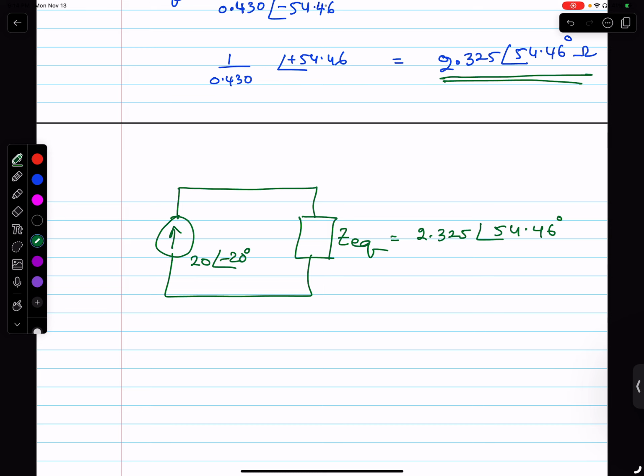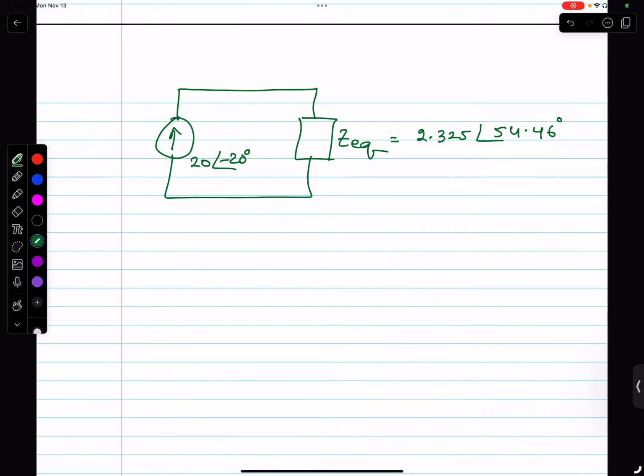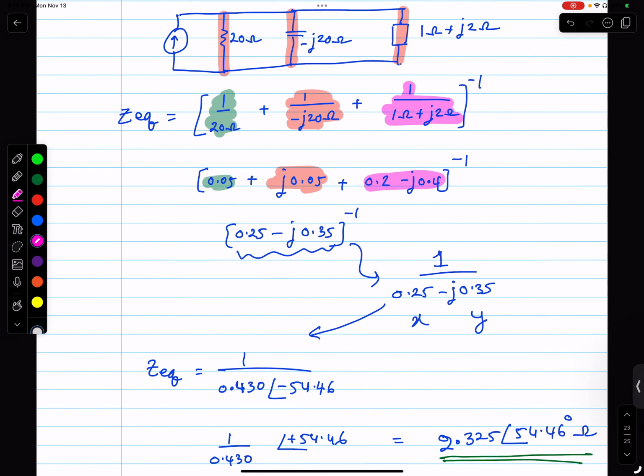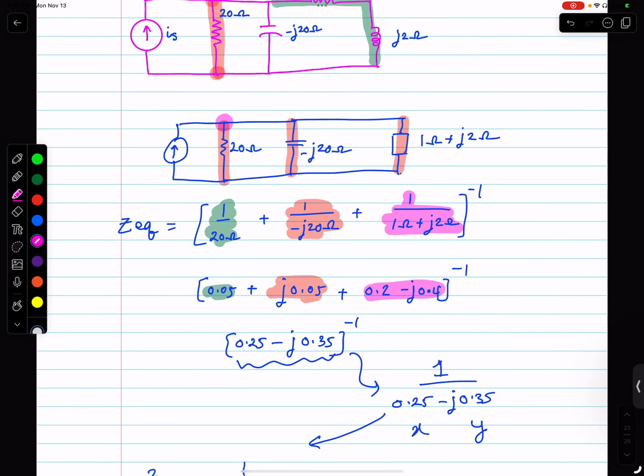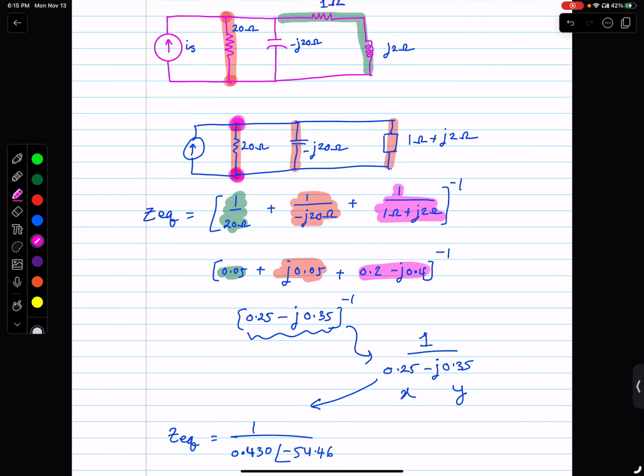Why did we calculate this? Just so that if we know the voltage across these terminals, that will be the exact same voltage across these terminals, because it's in parallel. That is what an equivalent circuit means.